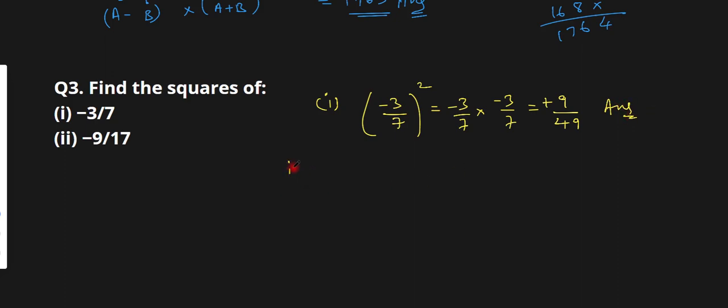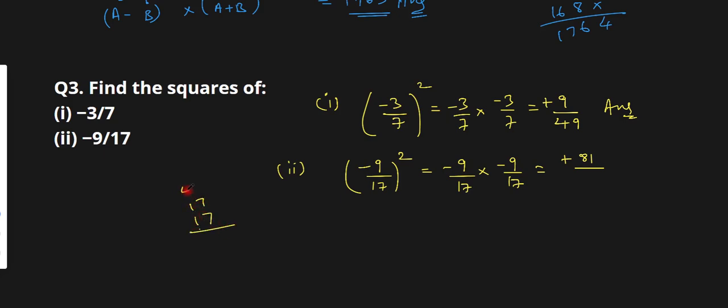Now second part, square of minus 9 divided by 17. Okay, so I can write it like this: minus 9 divided by 17 times minus 9 divided by 17. So again minus minus plus, and 9 nines are 81, and 17 square is 7 sevens are 49, and 11 1 sevens are 7 1, so 289.